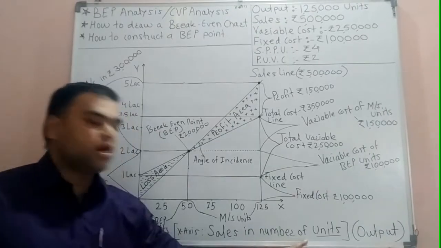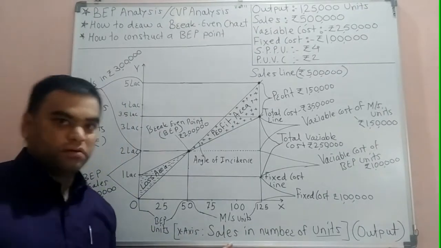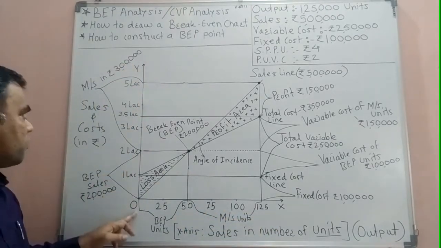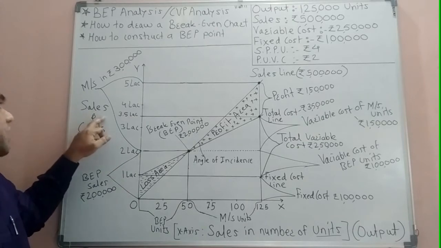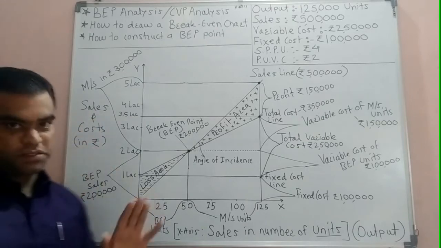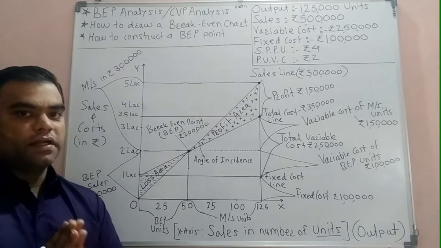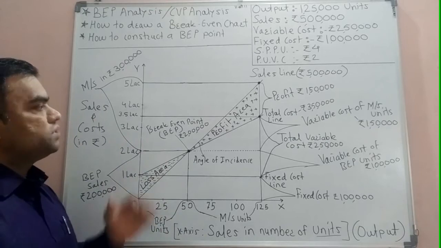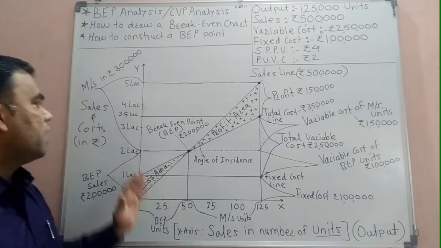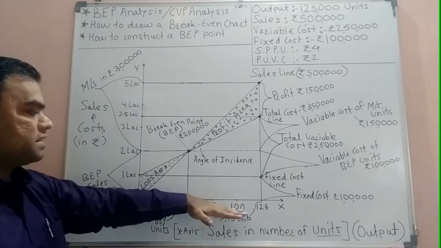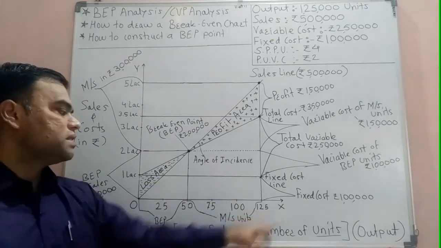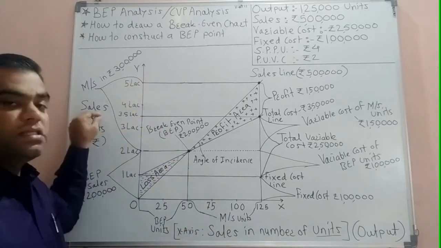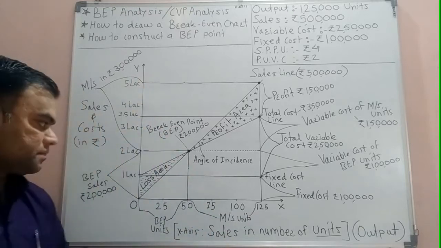Units sold on the x-axis, and on the y-axis sales in rupees and cost in rupees. So before drafting a break-even chart, first we draw the y-axis and x-axis, with sales units on the x-axis and sales in rupees and cost in rupees on the y-axis.